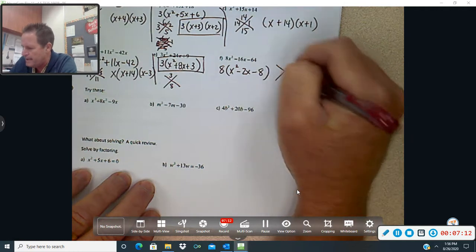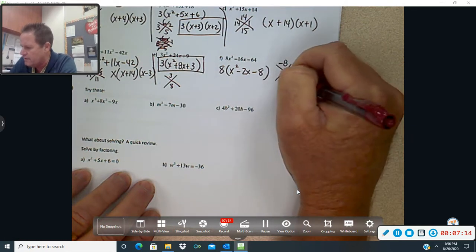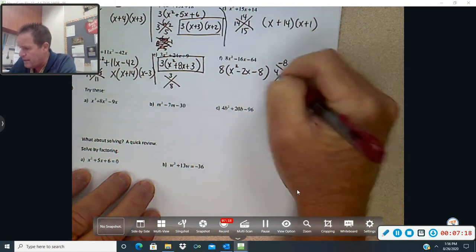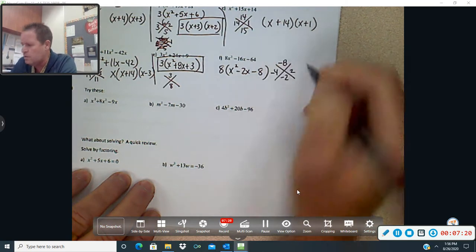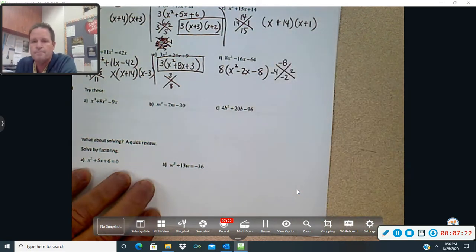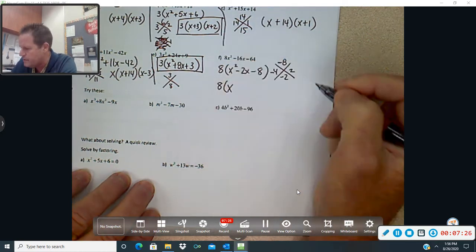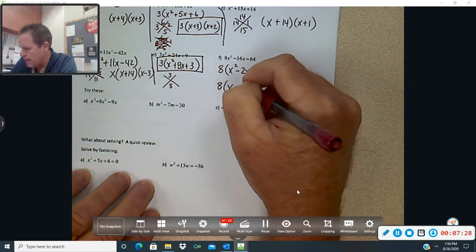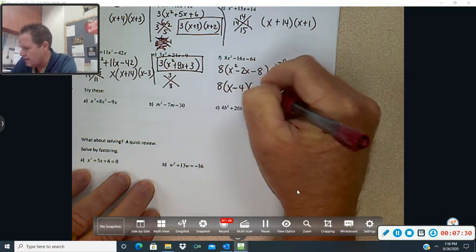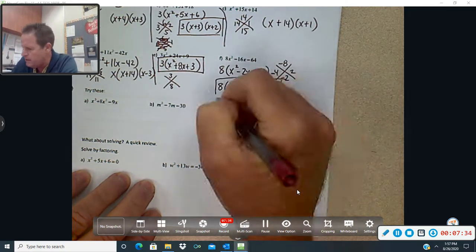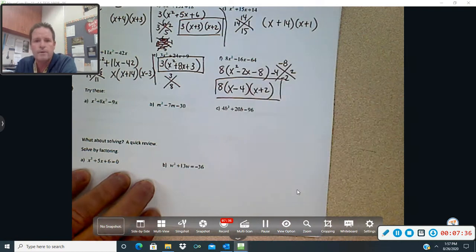And so now big X it, negative 8 on top, negative 2 on the bottom. With a 4 and a 2, I can make 8, and I can make negative 2 if the 4 is negative. So my factors will be 8 times x minus 4 times x plus 2. And there will be my factoring for that trinomial.